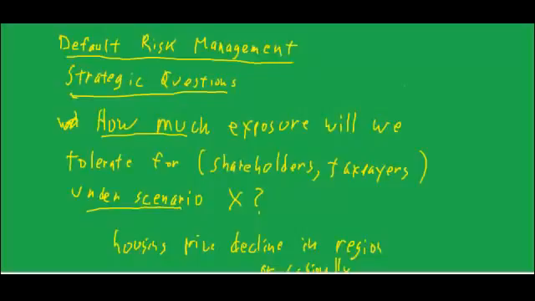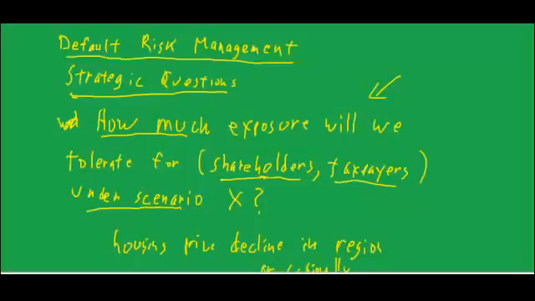So a basic strategic question is how much exposure will we tolerate for a key constituency? It could be shareholders if it's a private firm, or it could be taxpayers if it's a government agency.